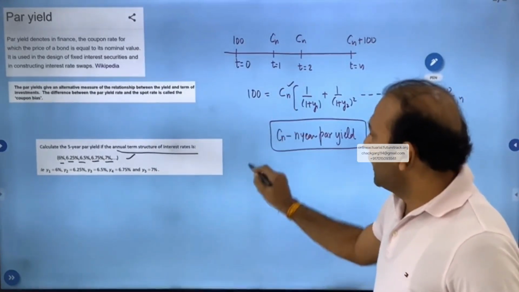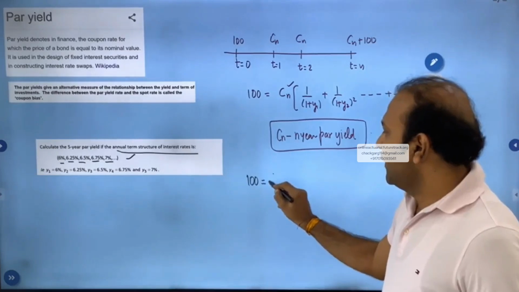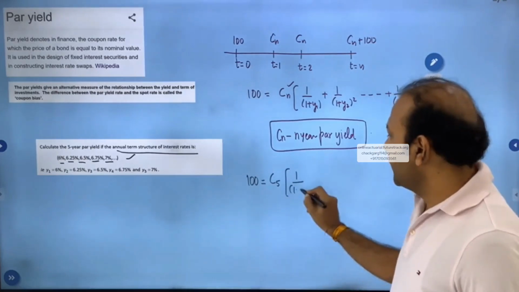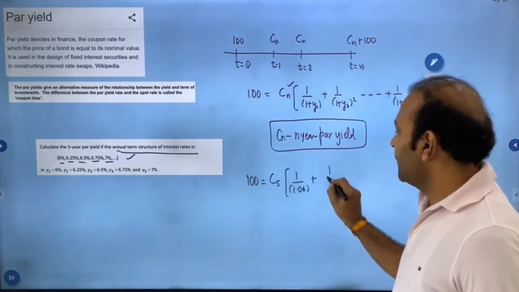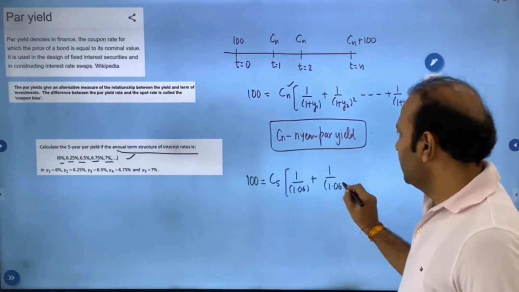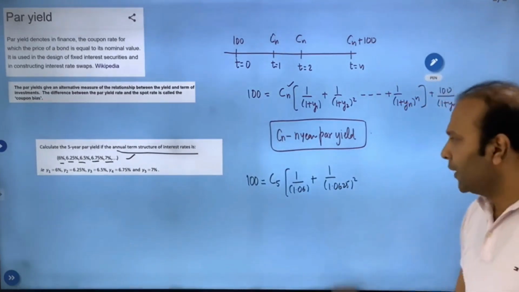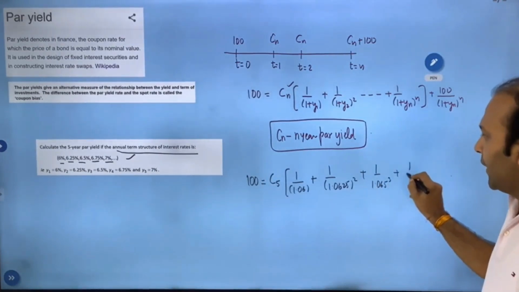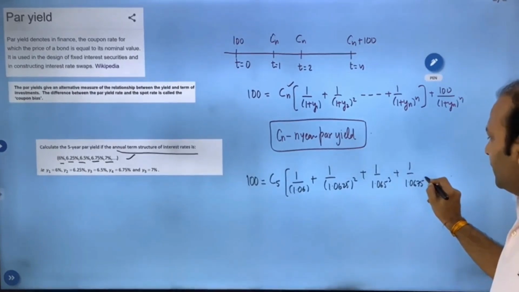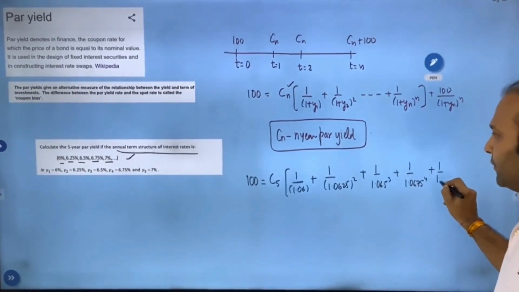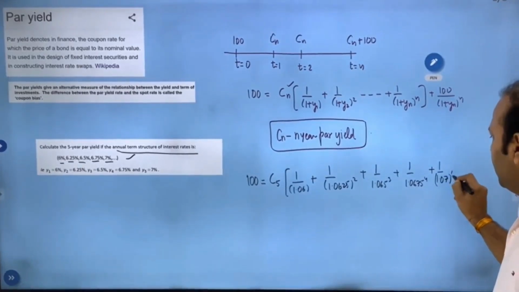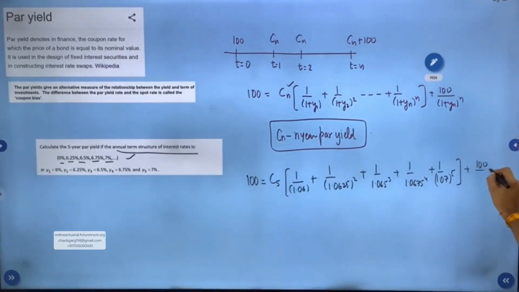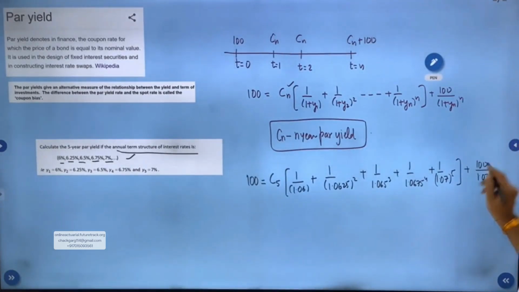So class, formula, if we apply this: 100 equals C5 times [1 by 1.06, plus 1 divided by y2, plus y3, y4 and y5], right, plus 100 divided by 1.07 raised to power 5.